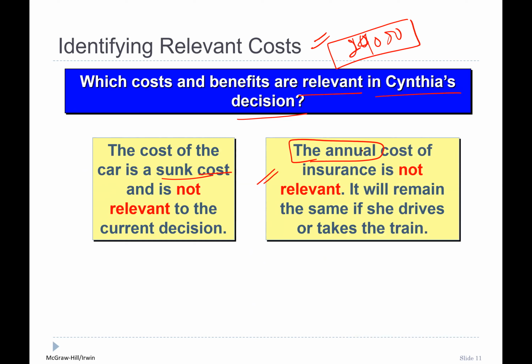But since you paid it on yearly basis, whether you use your car for 1 month, 2 months, 3 months, or do not use that, still that premium is not going to be decreased or increased. You already paid for the whole year, so that's why it is not relevant. Understand? So it will remain the same if she drives or takes the train, right? It means these are the common cost.